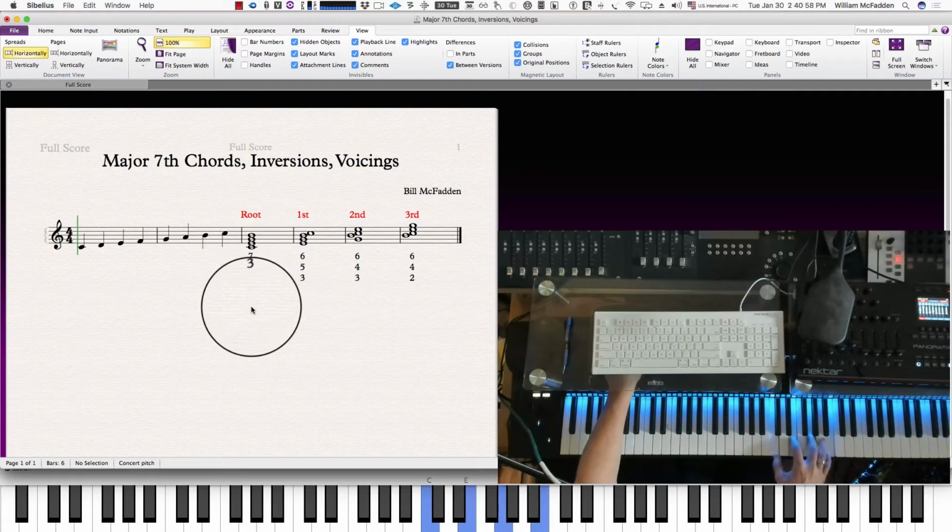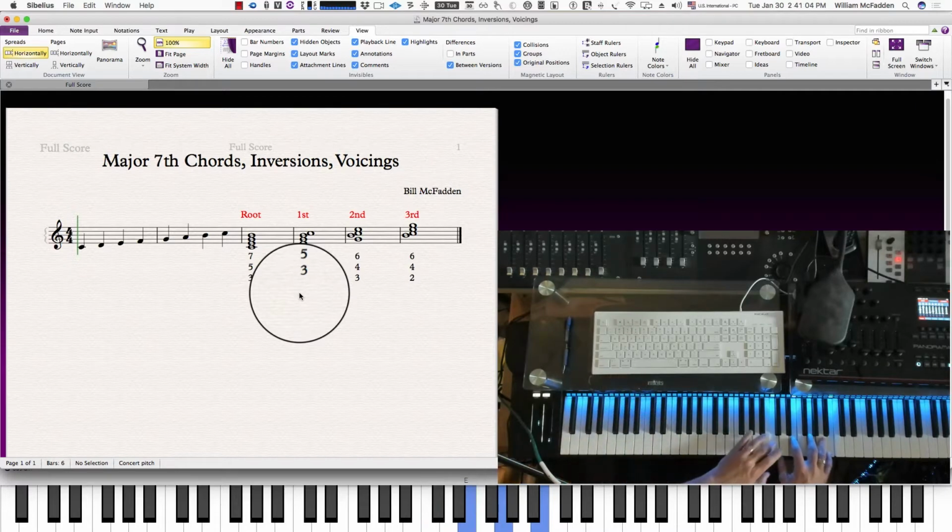So here we have the root position. Then we have the first inversion. We get that by taking the bottom note and moving it up an octave. So there it is. And then we get the second inversion by taking the bottom note and moving it up an octave.